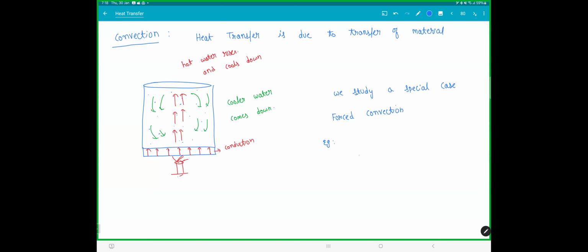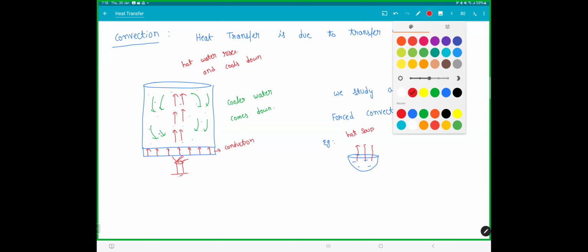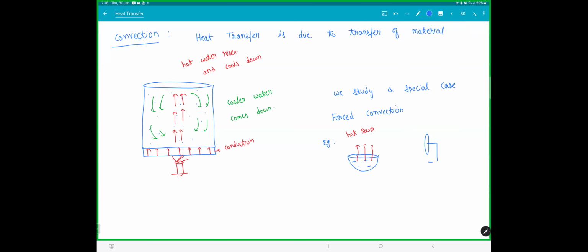This is called forced convection. If you have a bowl of hot soup and you put it under a table fan, now you're forcing the system to cool down. This is forced convection.